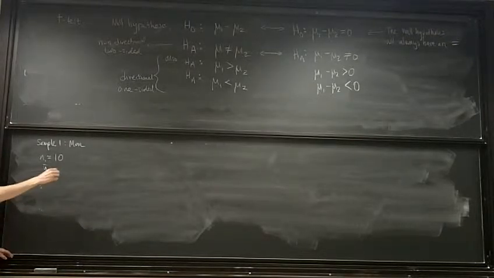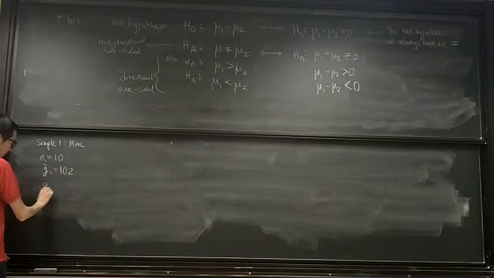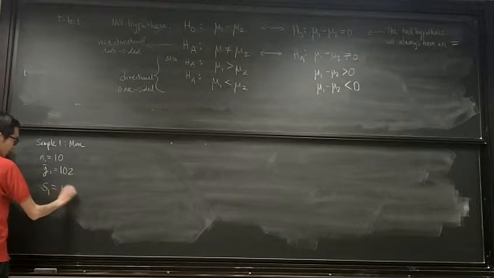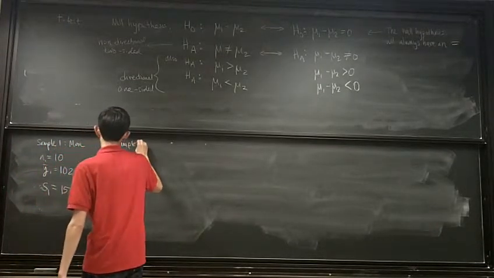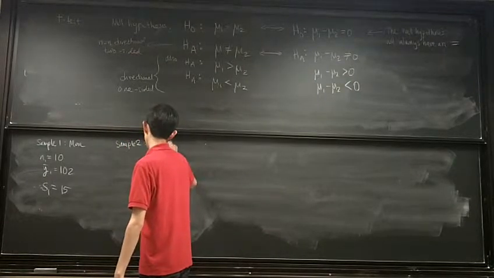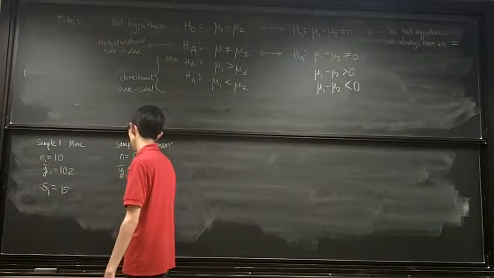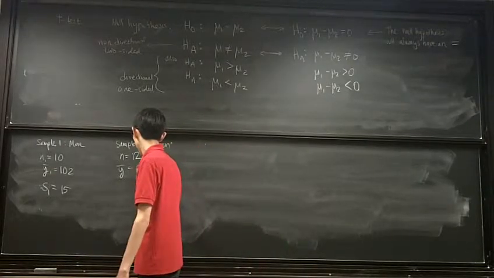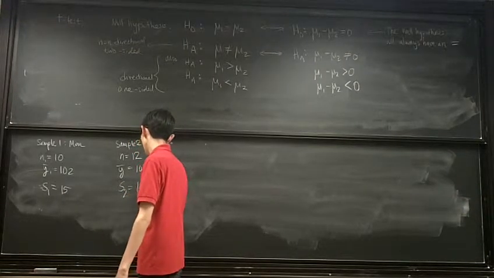Let's say the average IQ of these 10 random men was 102 with a standard deviation of 15 points. And let's say we took some women, let's say 12 women, and let's say the average IQ of these randomly chosen 12 women was 100 with a standard deviation of 14.